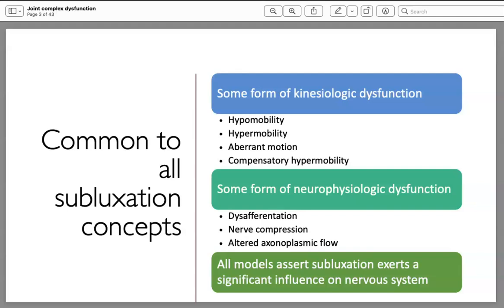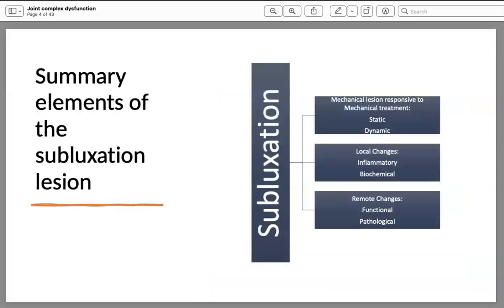We can have compression of our nerves, especially when it comes to increased restrictions leading to osteophytic changes, narrowing spaces, etc. And we can also have altered axoplasmic flow, or the ability of our nerve processes down the axon to transmit information into our synaptic cleft to stimulate different types of chemical responses. All these models have some significant impact on the nervous system from some standpoint.